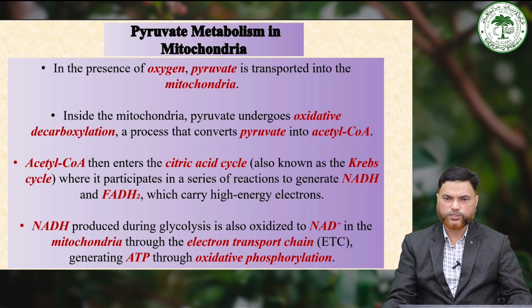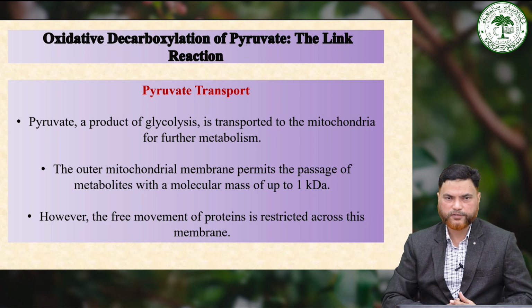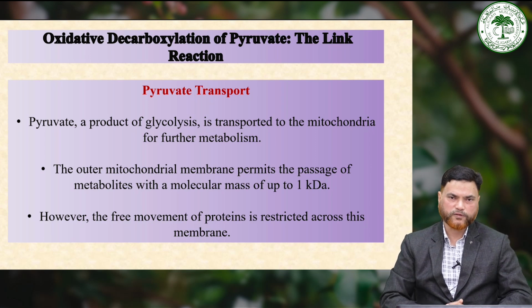And NADH generated during glycolysis is also converted back to NAD in the mitochondria through the electron transport chain, resulting in the production of ATP through oxidative phosphorylation. Now, this oxidative phosphorylation of pyruvate serves as a sort of link reaction.